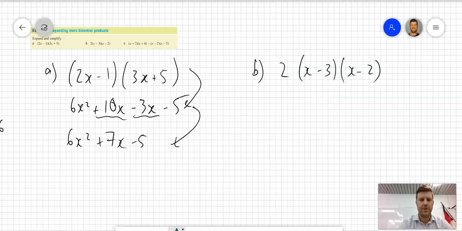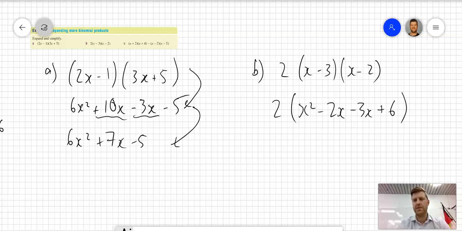So let's get the 2 there. x times x is x squared, x times minus 2 is minus 2x, minus 3 times x is minus 3x, and minus 3 times minus 2 is positive 6. Now I'm actually going to collect those like terms before I go any further, so that gives me minus 5x plus 6.